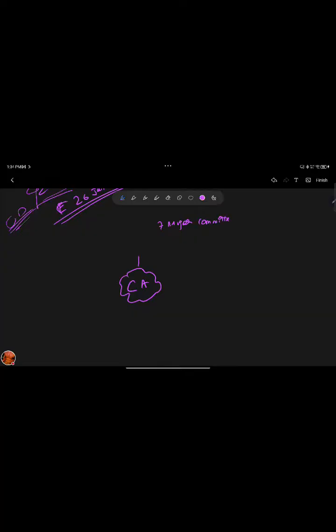So you can remember the first major committee was the drafting committee, which was given to Dr. B.R. Ambedkar, and there was T.T. Krishnamachari. No, this is different.